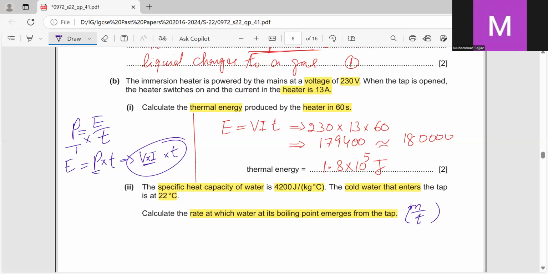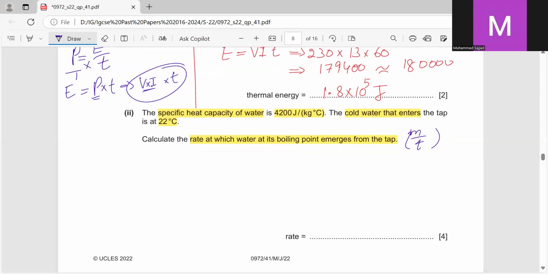Now, all our effort will be to calculate this m over t, to make m over t the subject of the equation. Let's start with energy E is equal to mc delta T. Energy is power times time, equal to mc delta T. Now, let's manage it in such a way that m over t, where t will come in the denominator, is equal to power over c delta T. Delta T, please be very careful.